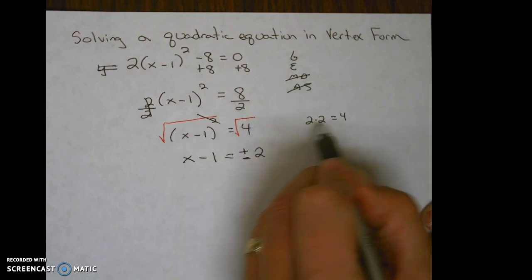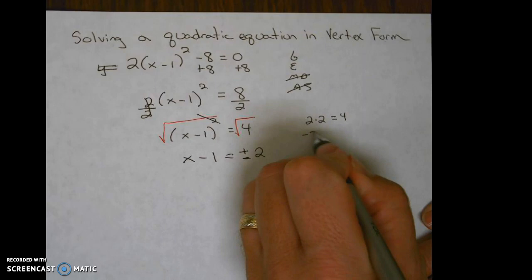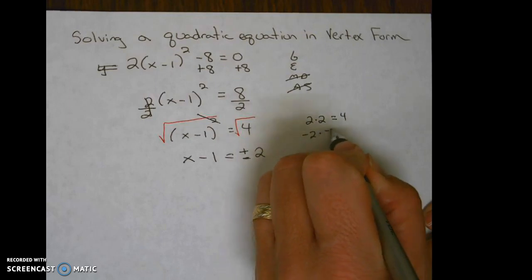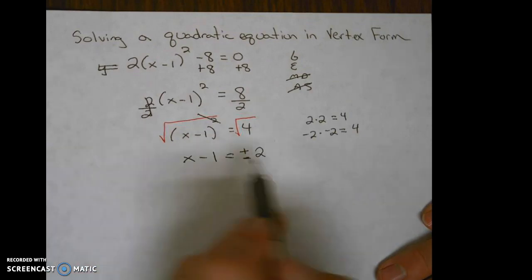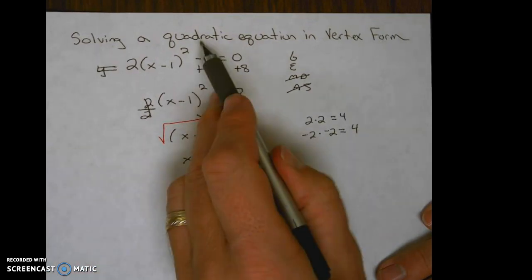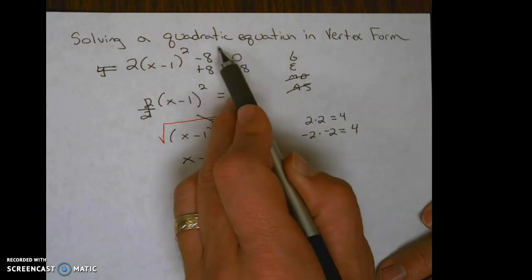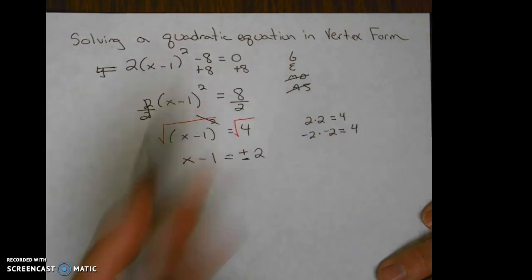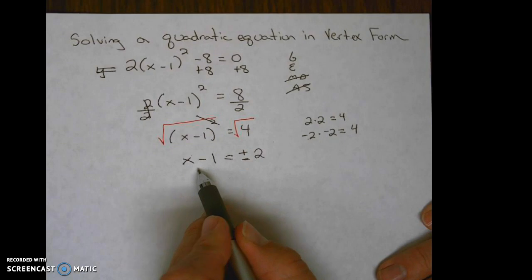That's two positive 2's that give me 4. But we can also take two negative 2's and also get 4. So when solving, remember, for quadratic equations, there's always going to be 2 solutions, sometimes real, sometimes complex. In this case, it's going to be real.